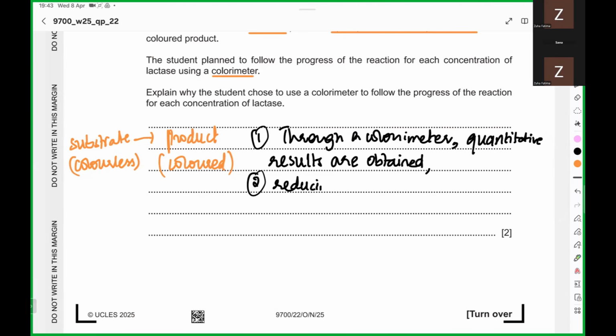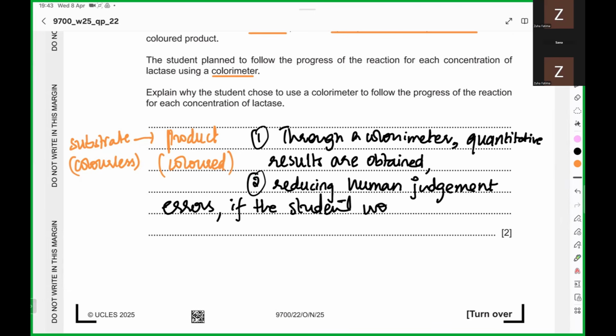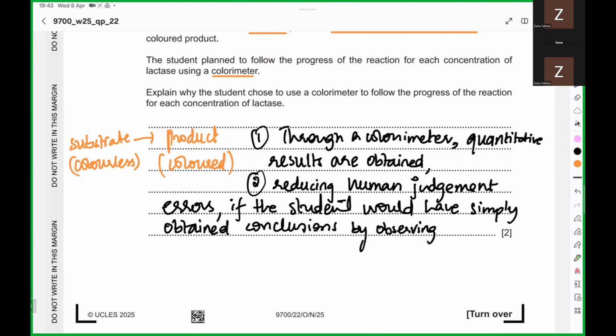Reducing human judgment errors, if the student would have simply obtained conclusions by observing the change in color.